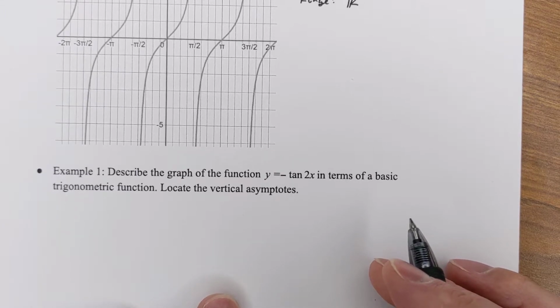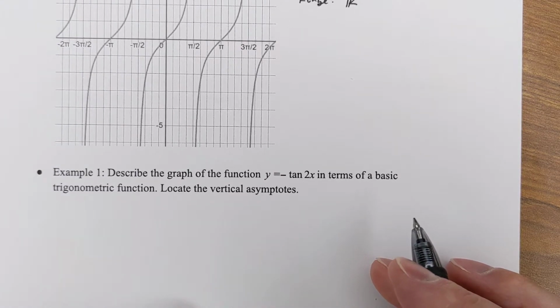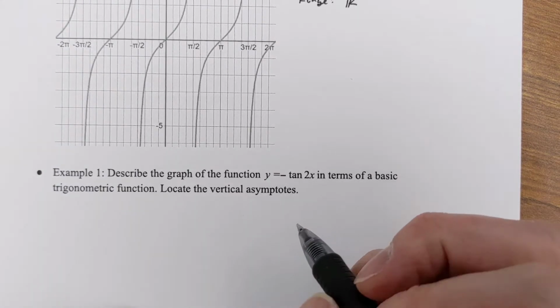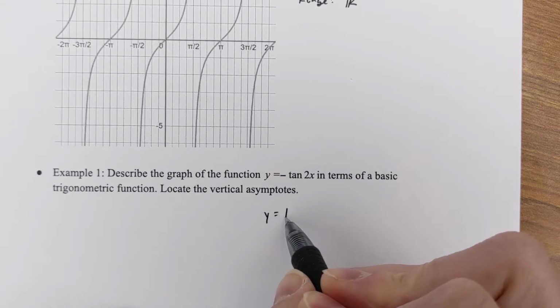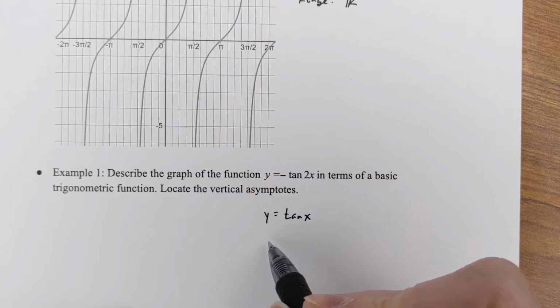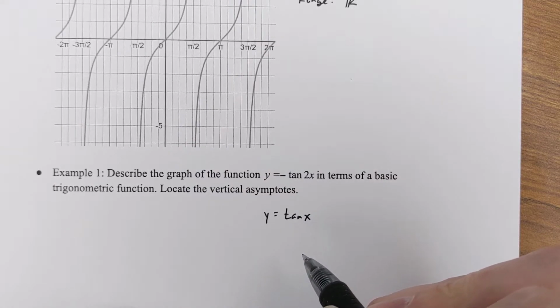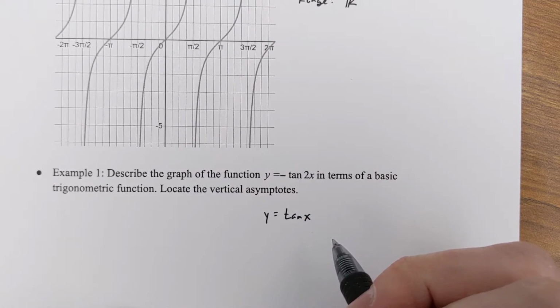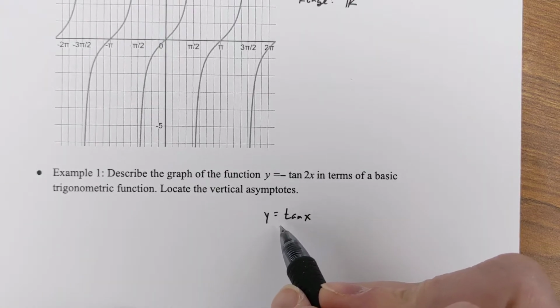Okay, so describe the graph of the function y equals negative tan 2x in terms of the basic trig function. So this is based off of tangent x. The negative sign out front will do an x-axis reflection.